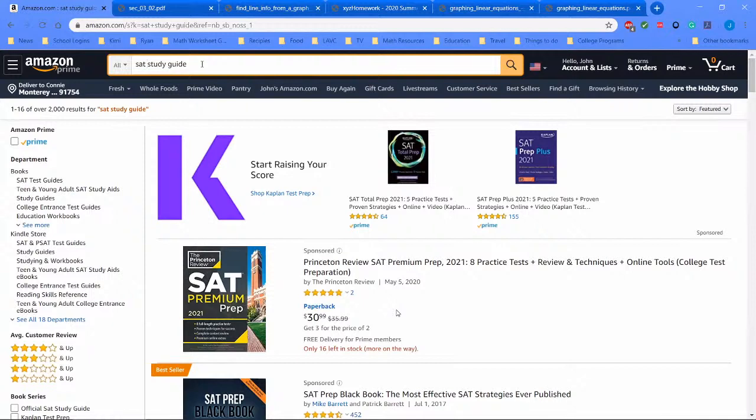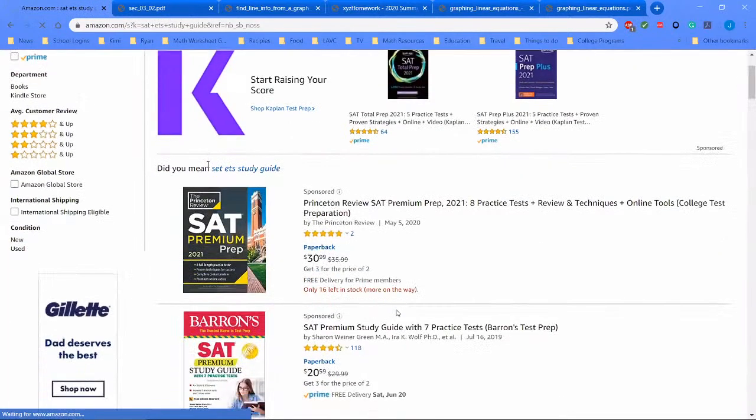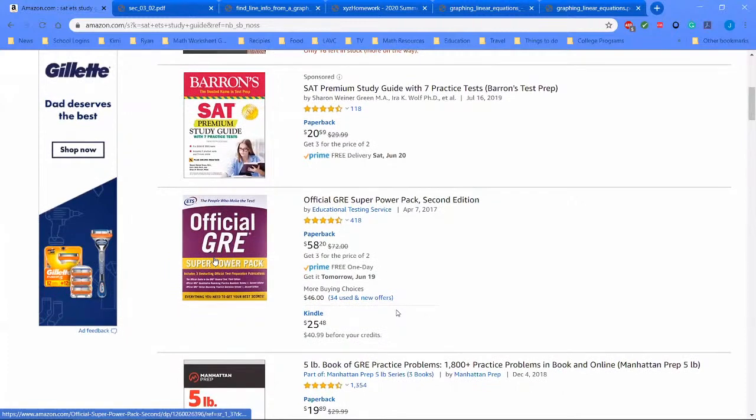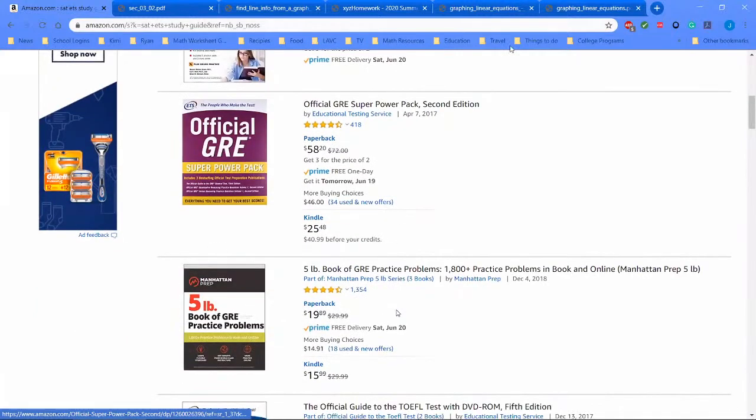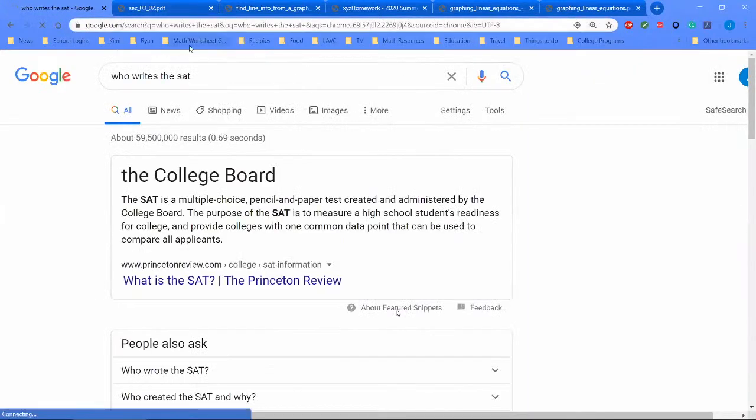So I think it's, and a lot of them will say official, but let's see. I'm trying to remember who does the SAT. That's by, not ATI, that's ETS. Not Barron's. Let's look it up. Who writes the SAT? College Board? That's it. Okay.